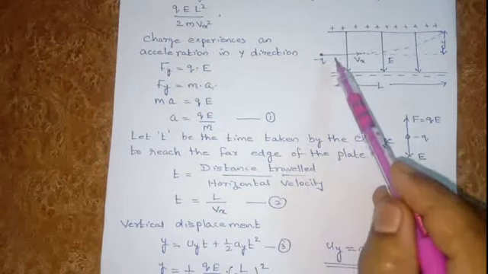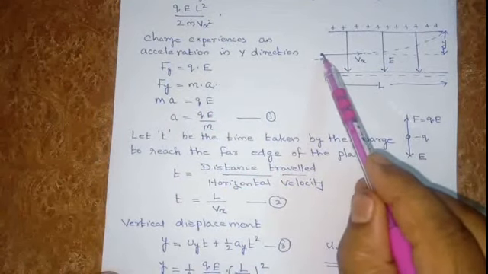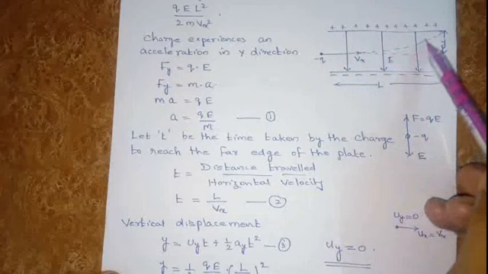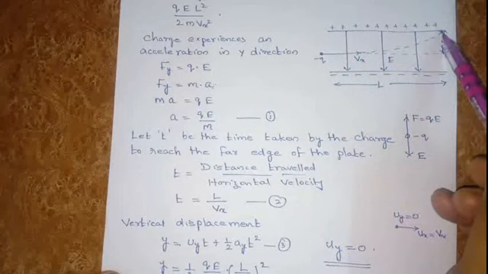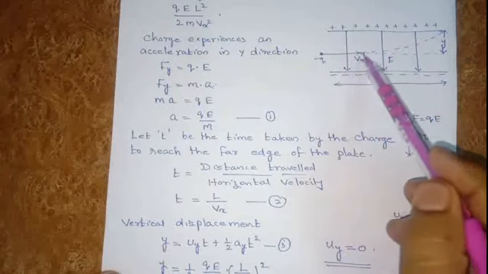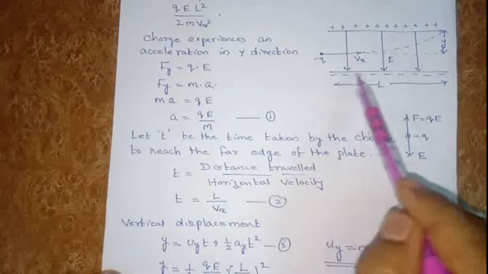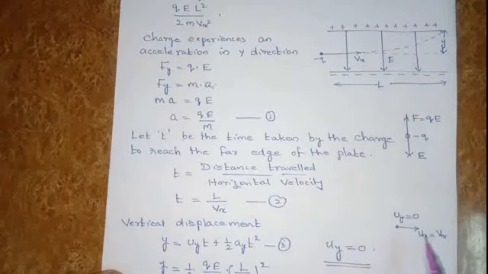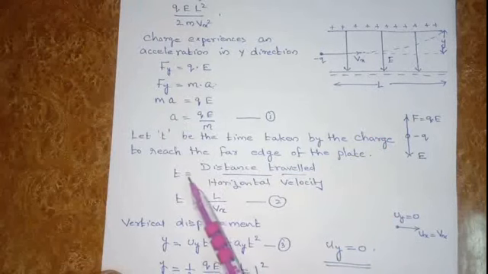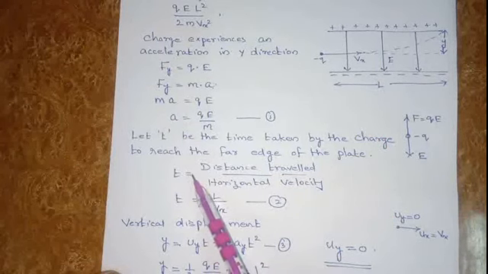Now, let us consider this charged particle is striking on the far end of the plate, traveling in a projectile motion, a distance L with an x velocity Vx. Question arises, what is the time taken by the charged particle to reach the far end of the plate?